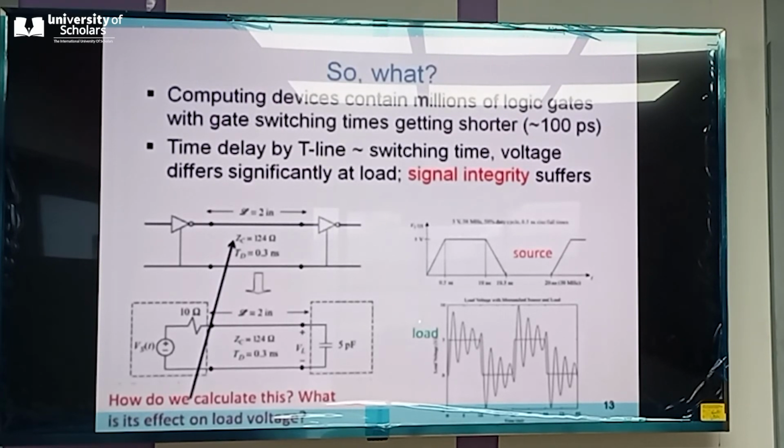Now let's talk about the load end and how the wave shape will occur. Let's see that. There will be ringing effects. This square wave is just for the comparison. So you see the figure below your source, that is your load.